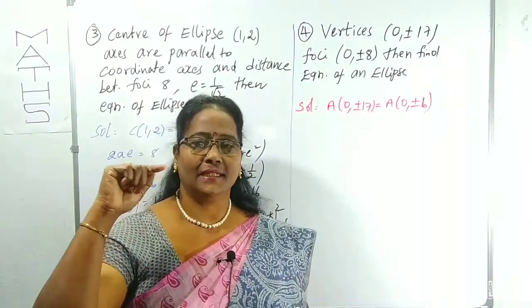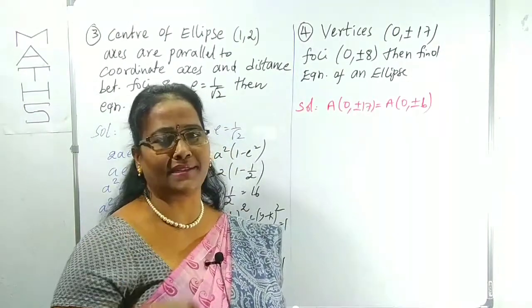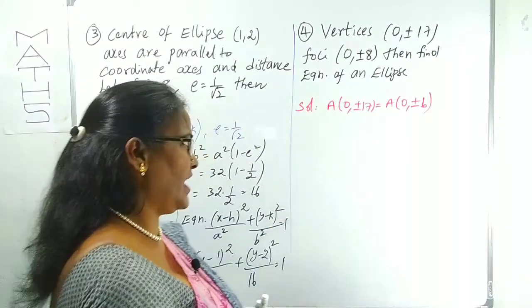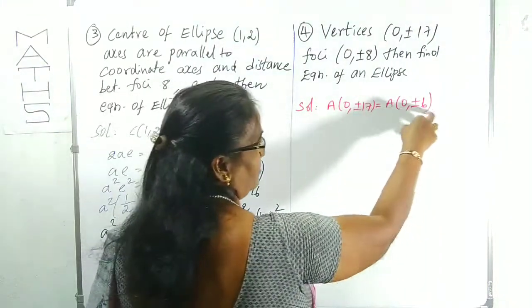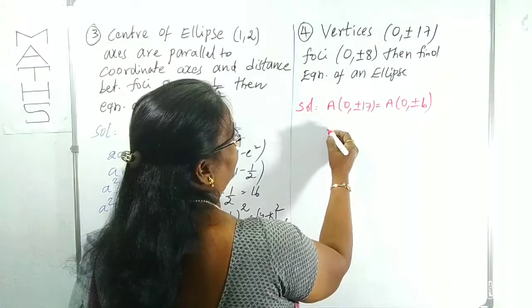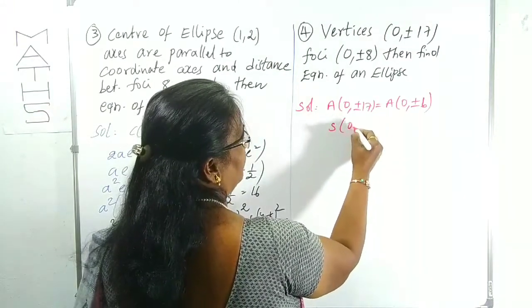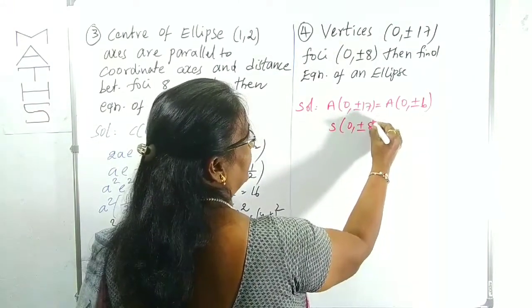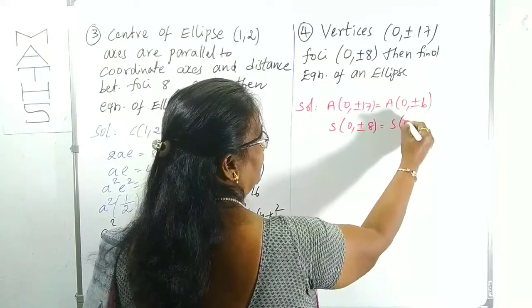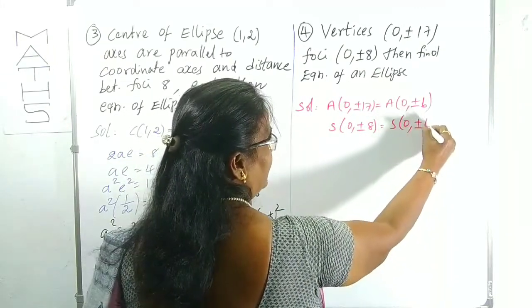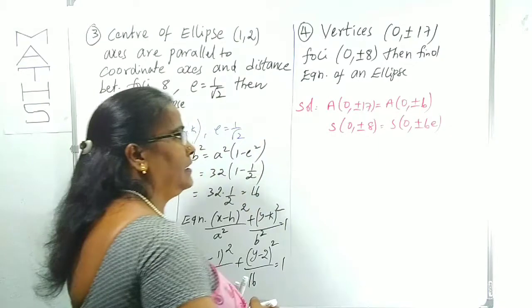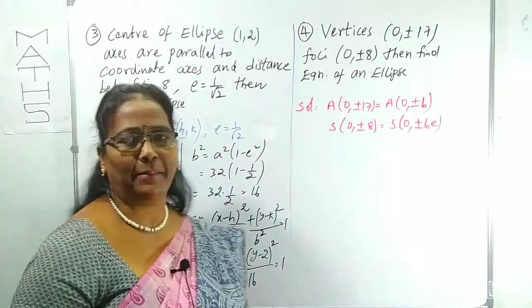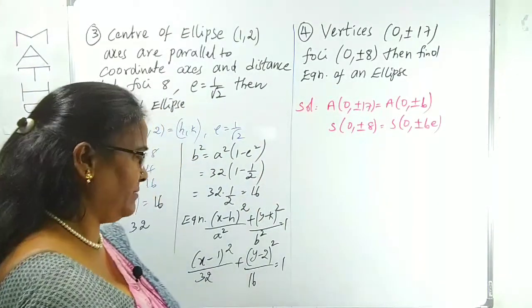The major axis is along the y-axis, and the minor axis is along the x-axis. That's why I have to take (0, plus or minus b). And the foci is given as (0, plus or minus 8), in the sense that it is (0, plus or minus be). We can find a, b, then find the equation of the ellipse.